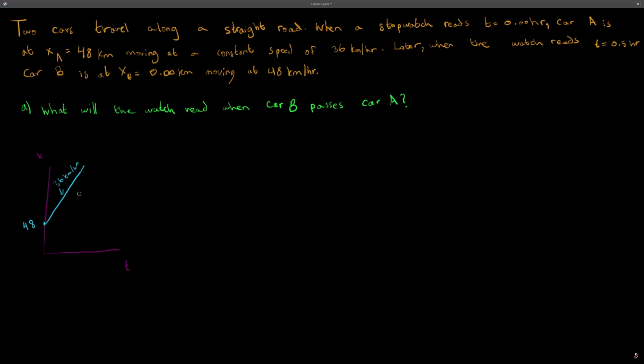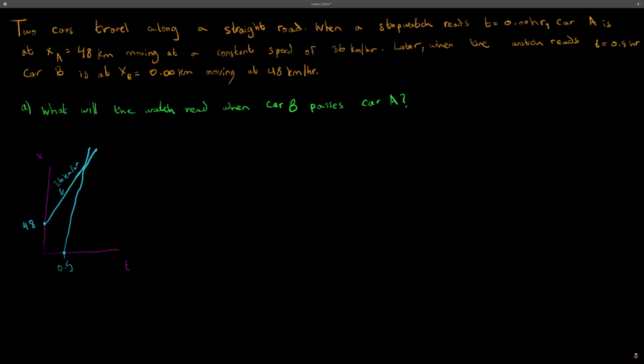Now, for the second car, when the watch reads t equal to 0.5 hours, car B is at x_B equal to 0.00 kilometers. So it's here, and it's moving up with a greater slope.